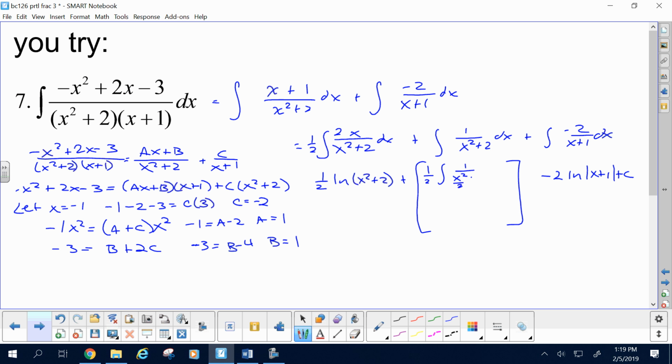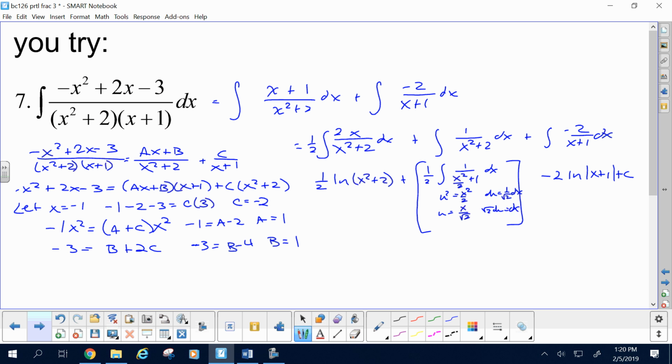X squared over 2 plus 1 dx. So u squared is x squared over 2, sorry. U is x over root 2. Du is 1 over root 2 dx. So root 2 du equals dx.